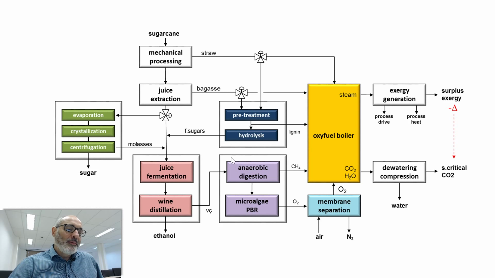And this is usually done, for example, here in Brazil, together with the production of ethanol. Vinasse fermentation is quite usual. It's not very common. Not all sugar mills have it, but some do. This other one, no, I don't know any sugar mill that does this. This is just an idea.